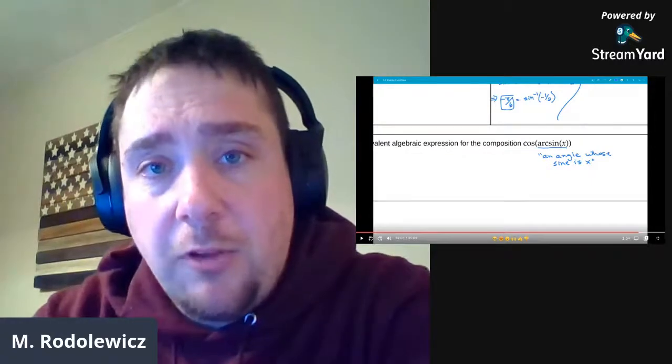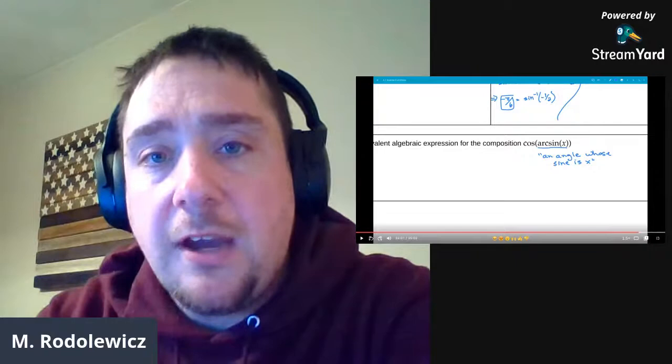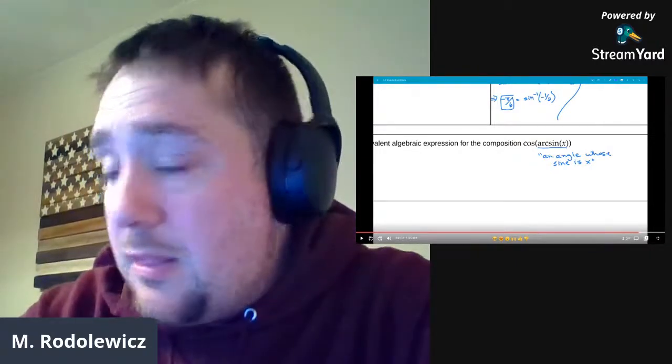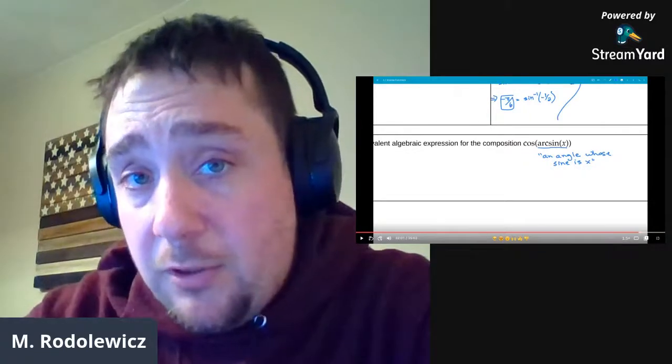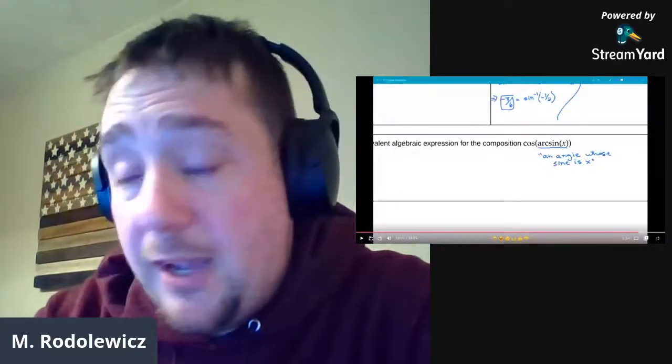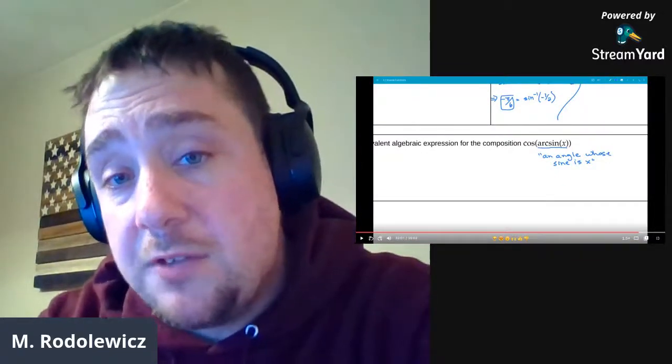So start with your innermost function and read it to yourself. You need to create an angle whose sine is x. This is slightly different than what the book does, but my college professor showed me this, and I've never forgot it since. I think it's a lot easier than applying identities, although if you do look at the book, it's going to show you how to do this using identities.